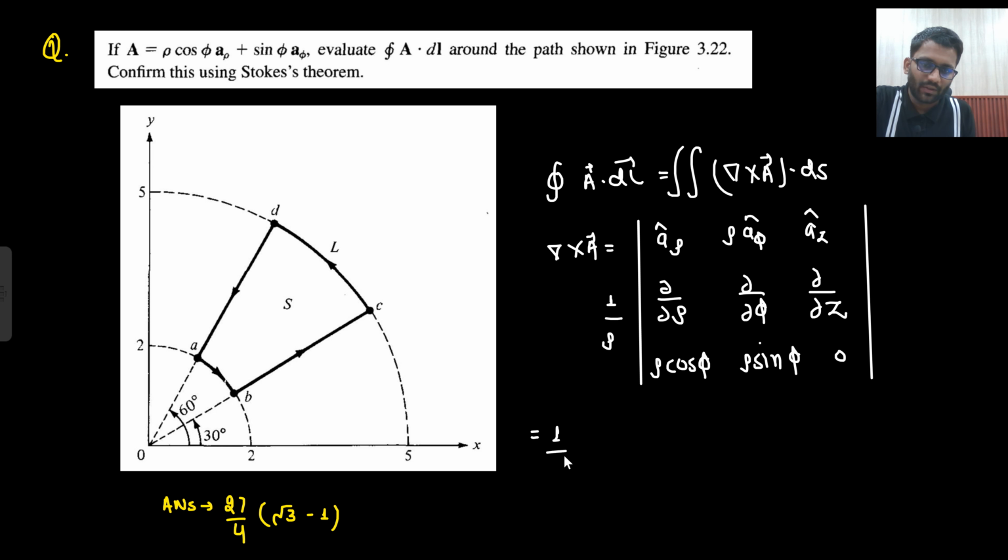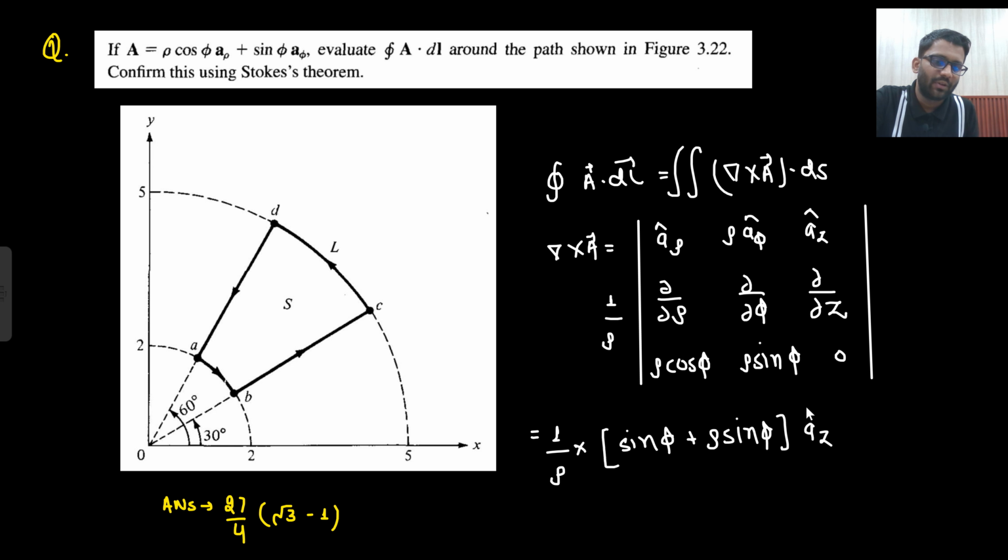Del cross A will be 1 by rho times this. A rho if I do, this will be 0 only. Rho A phi if I do, this will also be 0. If I do Az, then I will get something. What would that be? Sin phi minus rho sin phi, and then plus.